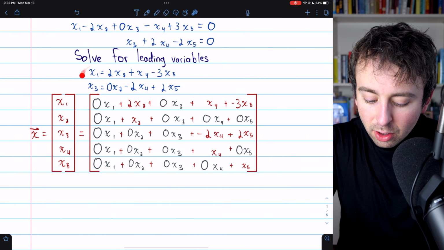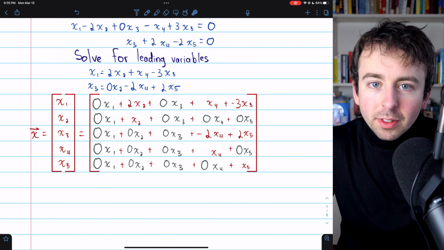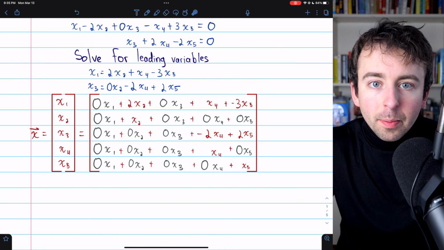Now that we've got these 2 equations solved for the dependent variables, we can represent a general vector from the null space.